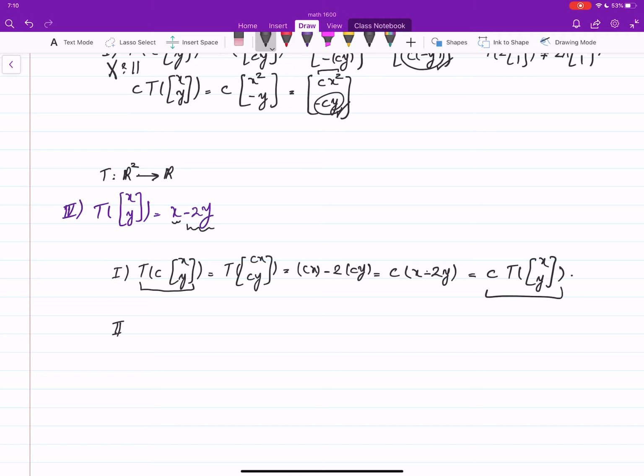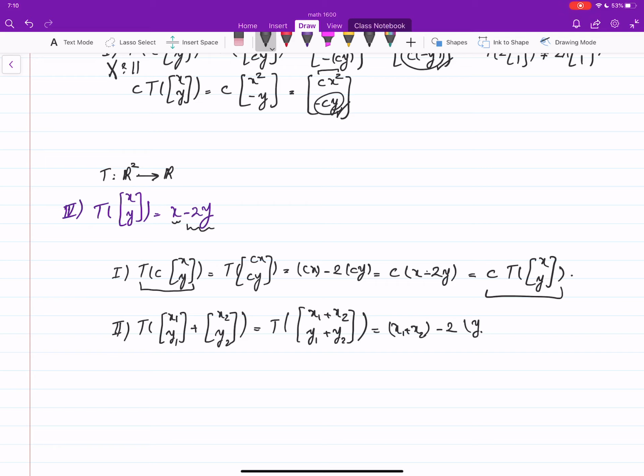How about vector addition? So T of (u plus v). Let me write, instead of u and v, (x1, y1) plus (x2, y2). This gives us (x1 plus x2, y1 plus y2). And what is this? This is the first component, x1 plus x2, minus 2 times the second component.